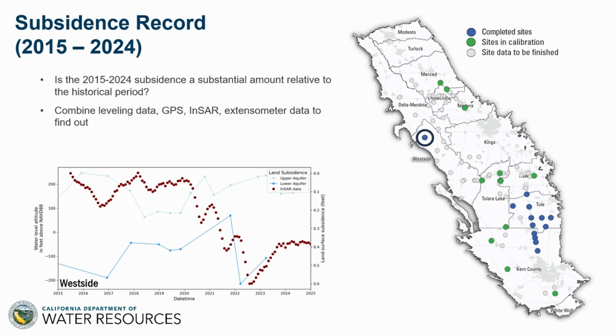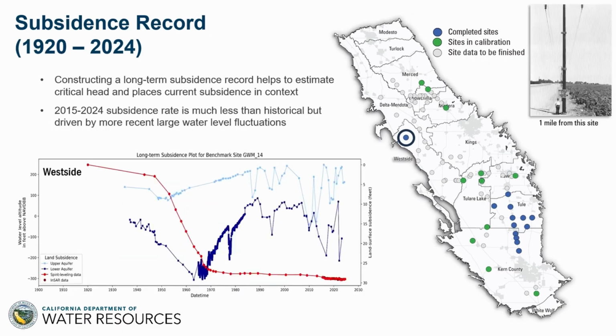So if you look at the big picture again and you plot long-term subsidence, you see something a bit different. There's been approximately 29 feet of subsidence at this site, but the vast majority of it occurred prior to about 1970. I'll note that this site is a mile away from the famous Joe Poland telephone pole photo in the top right corner of the slide.